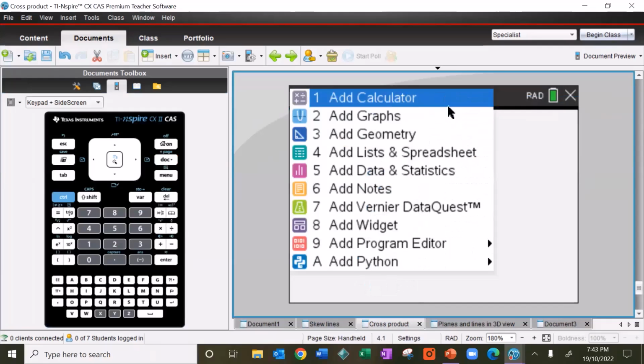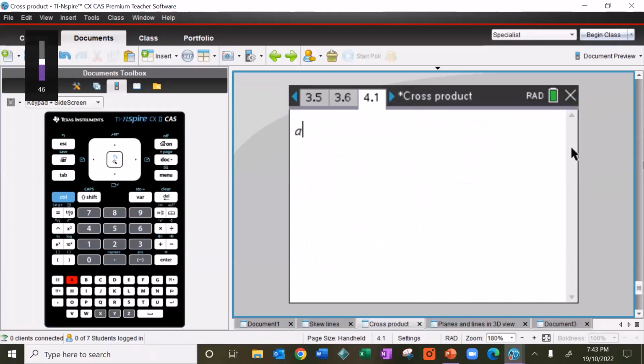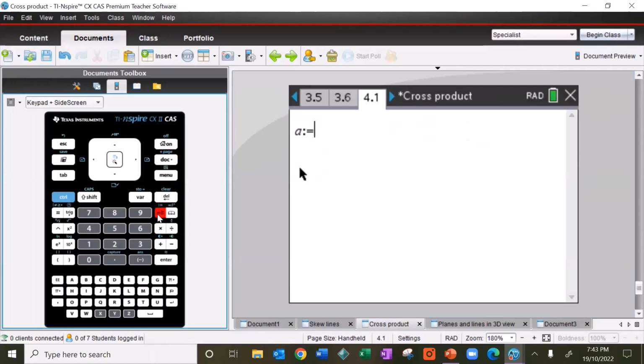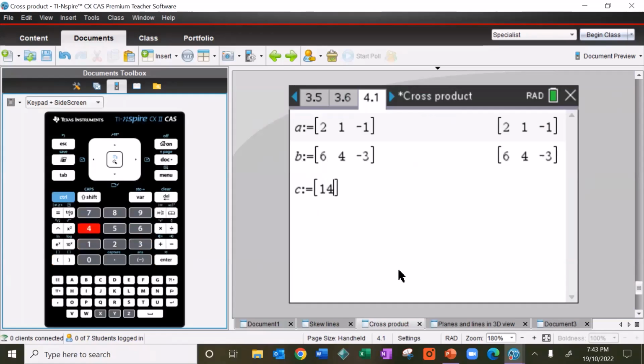So in the calculator screen, I will define my position vectors A, B, and C. A was 2, 1, -1, and B was 6, 4, -3, and C was 14, 7, -6.